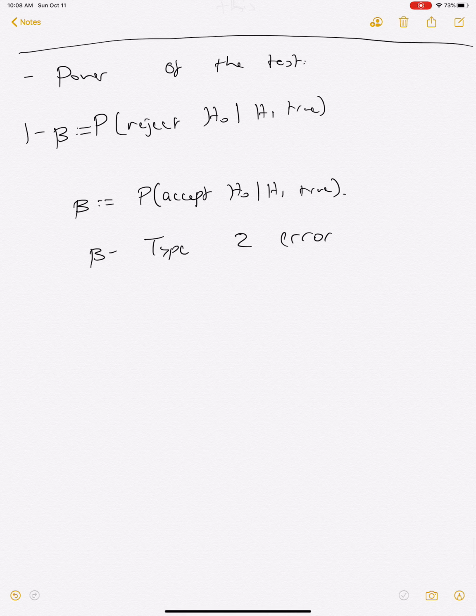So typically you want beta to be small, and that means that 1 minus beta is large.